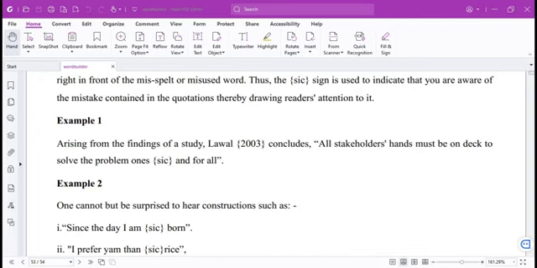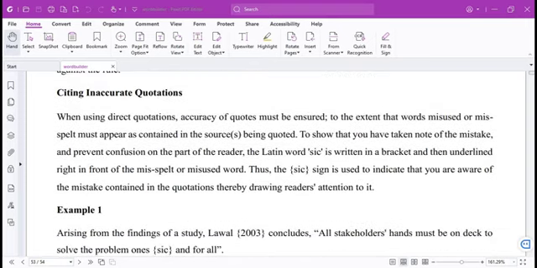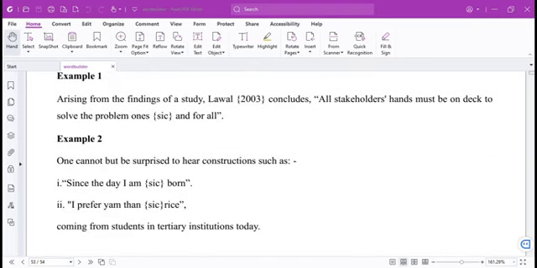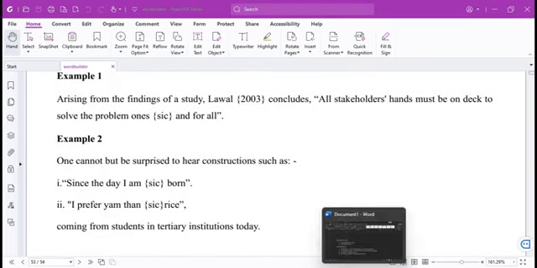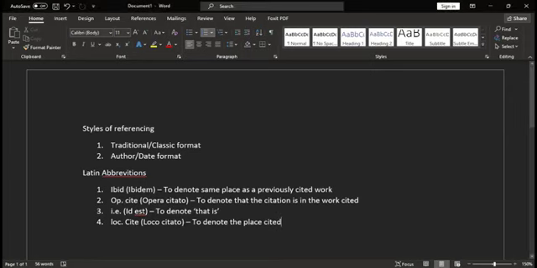So let's just put this down. Inaccurate quotations, or you can call them common mistakes. Common mistakes in quotations.